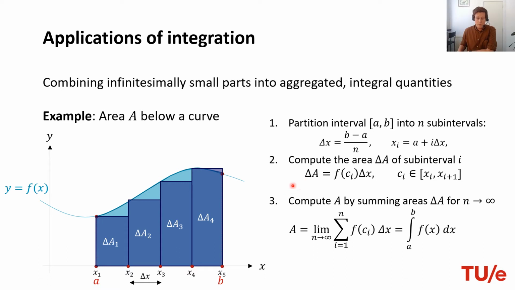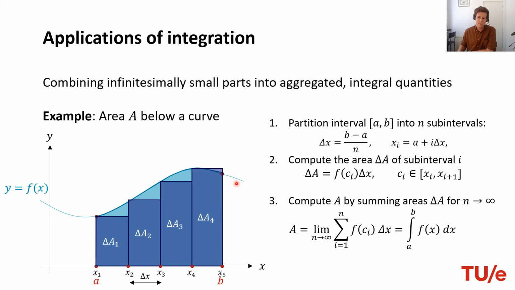And the end goal is to compute this light blue area, and we can do so by summing up these individual areas by letting this number n, the number of subintervals, go to infinity, because then these delta x will get smaller and smaller. The dark blue rectangles will start approaching our function f of x closer and closer.